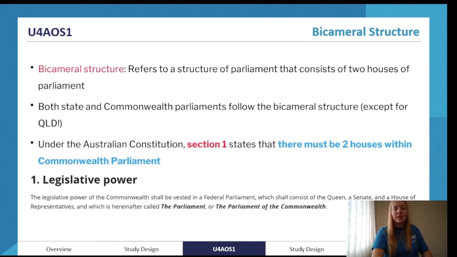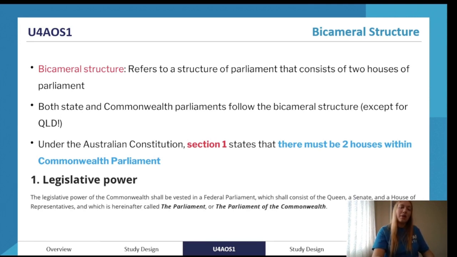So having a look at the bicameral structure. Like we established, this refers to a structure that consists of 2 houses of parliament. So both state and Commonwealth parliaments follow the bicameral structure. But what's key to understand, and you can say for the evaluate questions you will have for this mini area of study, is that this is a bit of a weakness, because if it's in the Constitution, it's not in state level legislation.